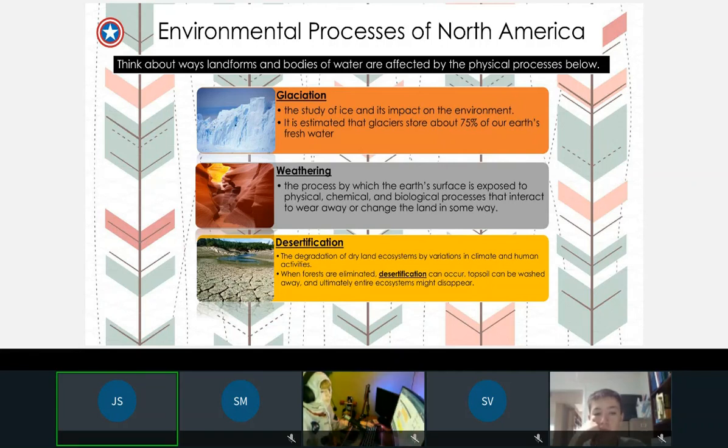Okay, and as glaciers melt, what's happening to 75% of our Earth's fresh water? As glaciers melt, what's happening to that fresh water that they hold? It goes into the ocean eventually. And then what happens to ocean levels?